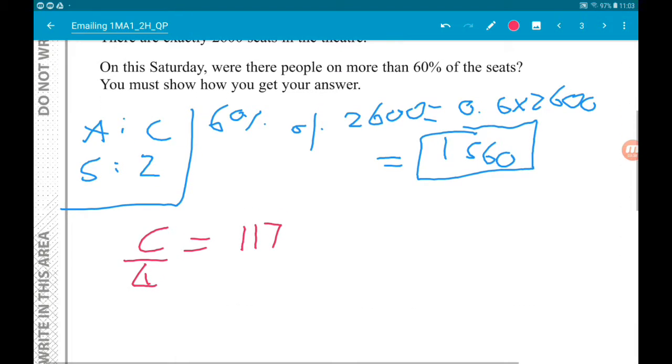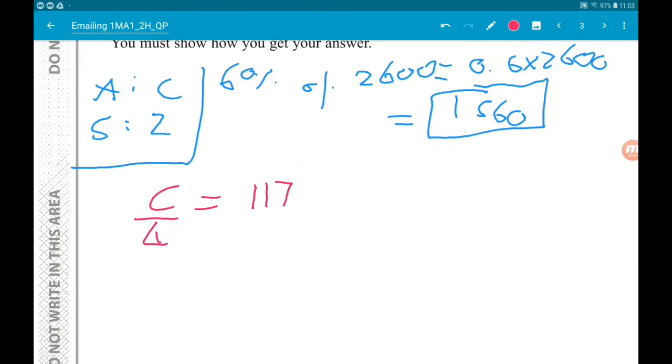So if we multiply through by 4, the number of children is 4 times 117, which is 468. So we now know the total number of children.